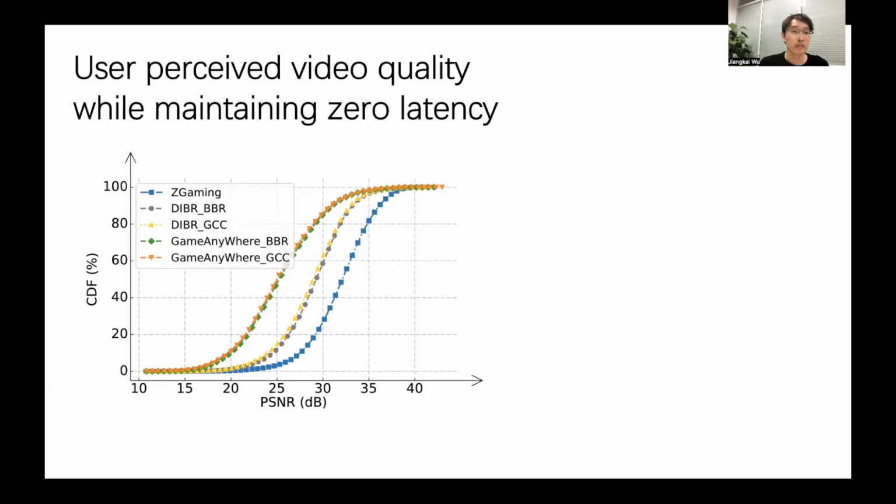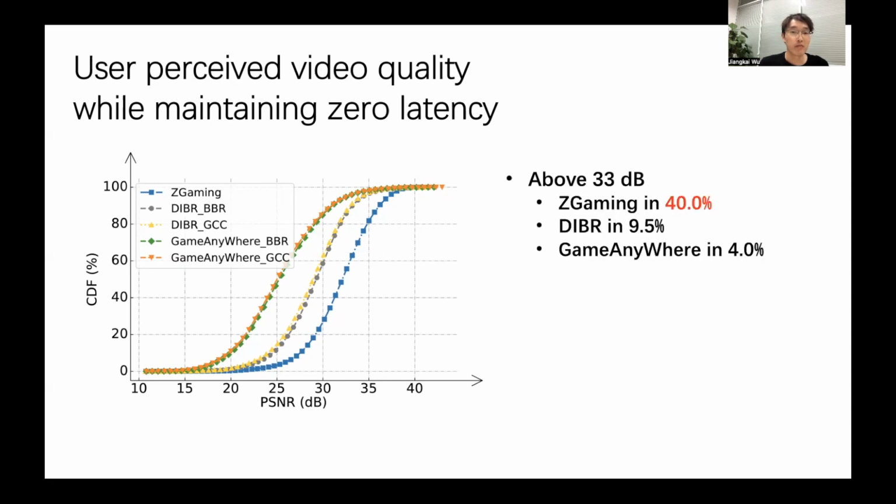This figure shows the CDF of video quality while maintaining zero latency. It indicates that ZGaming can significantly improve the video quality experienced by users. For example, ZGaming's video quality is above 33 dB in 40% of cases, compared with only 9.5% for DIBR and 4% for GameAnywhere.